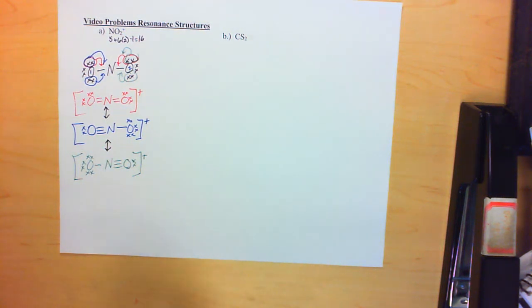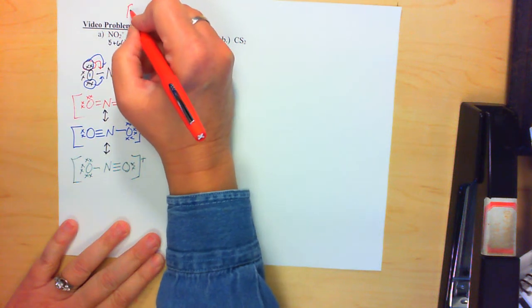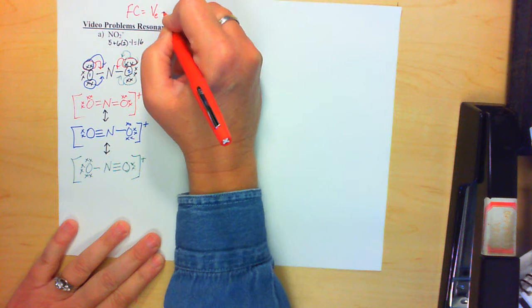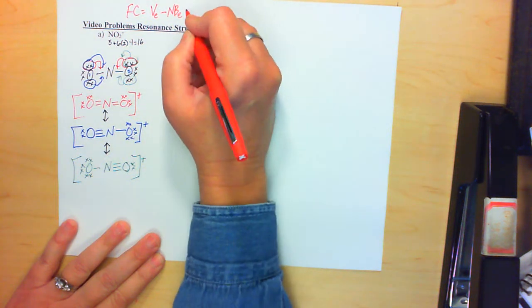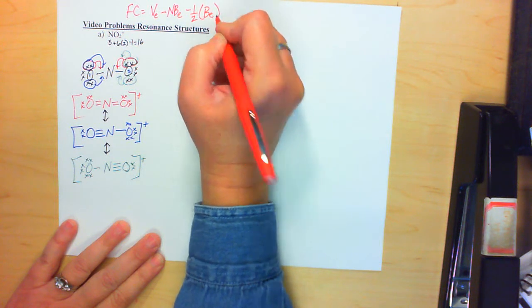Now, one other thing that we can do with this is to determine the formal charge. So, formal charge, remember, I'll come up here and write: formal charge is equal to the valence electrons minus the non-bonding electrons minus 1/2 the bonding electrons.